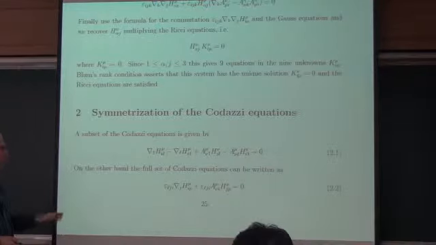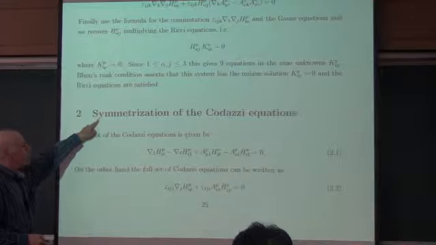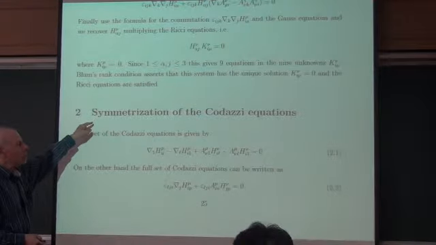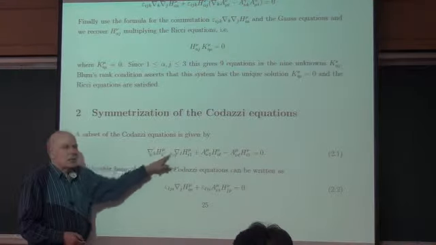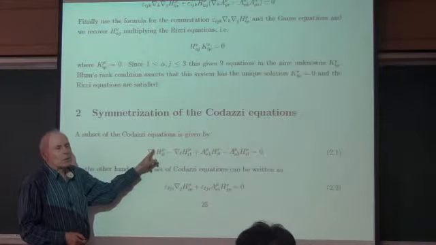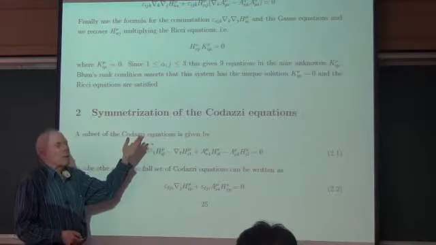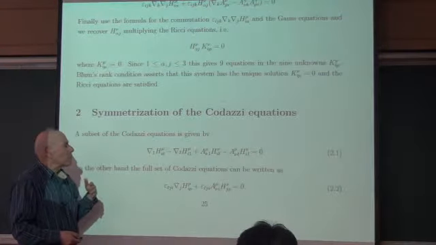Well, first, let's not worry about the A's. And the first thing is, as it says here, symmetrization. So how to write this nasty looking system, like this, curls, in terms of divergences. I want to switch curls to divergences, because that's how I'm used to, nothing very sophisticated.